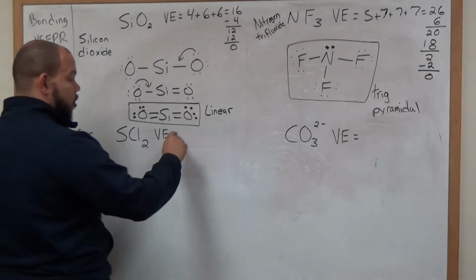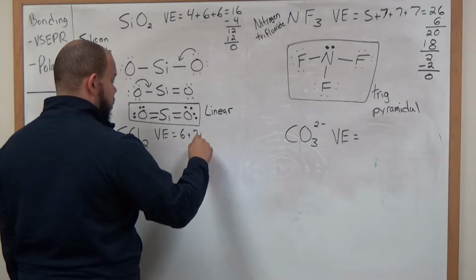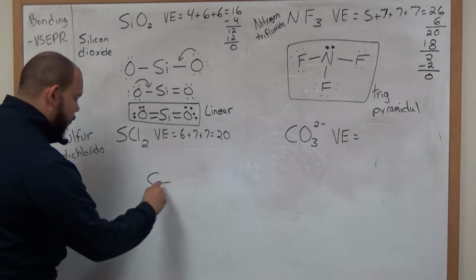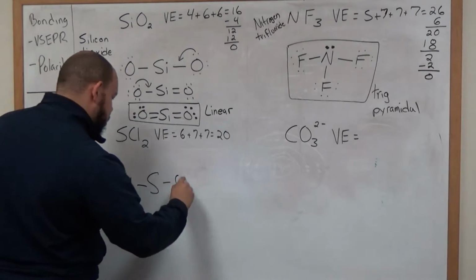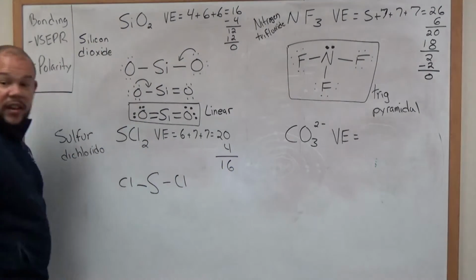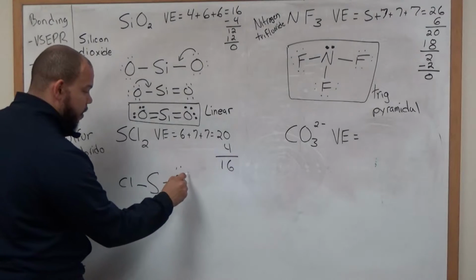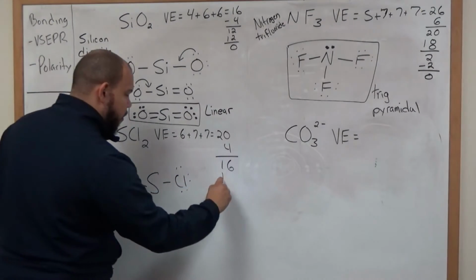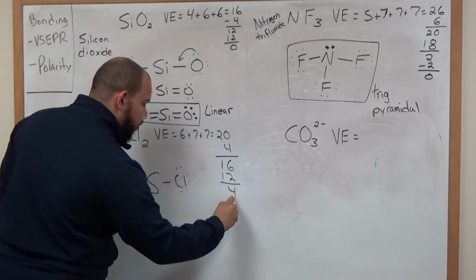Calculation of valence electrons, we have 6 plus 7 plus 7 equals 20. If we make bonds to each of the chlorines, we have used 4. That leaves us with 16. We need lone pairs around the most electronegative. That uses up 12. That leaves us with 4.